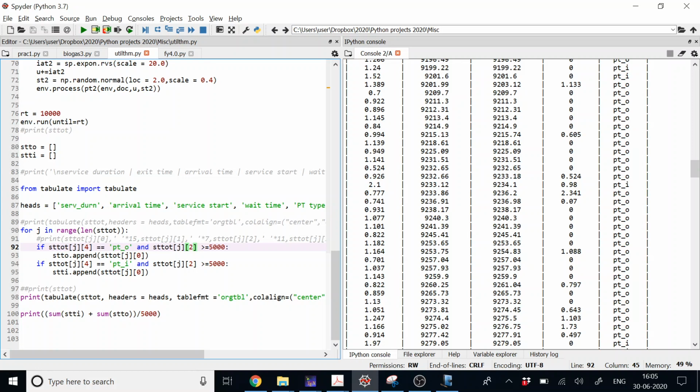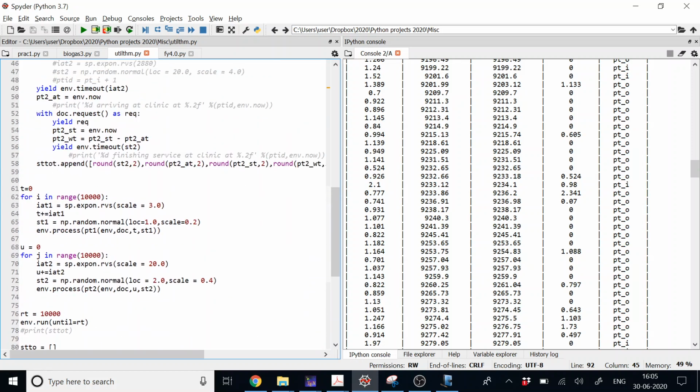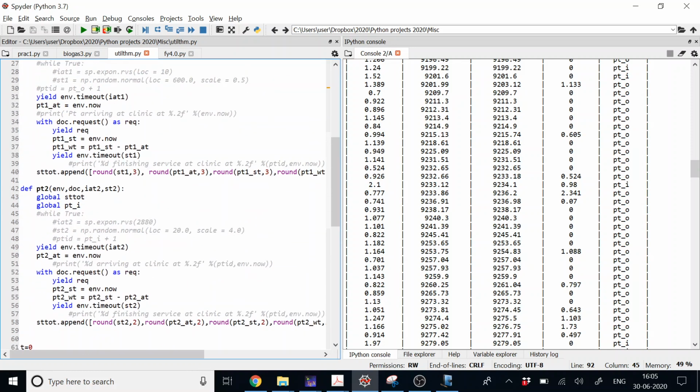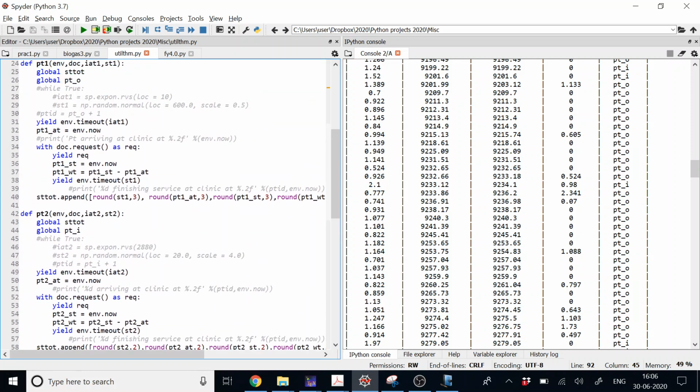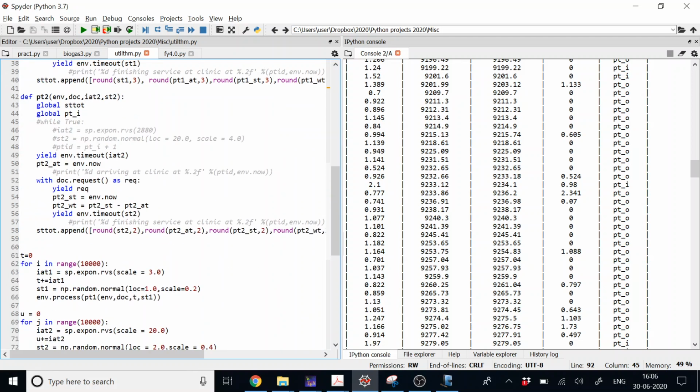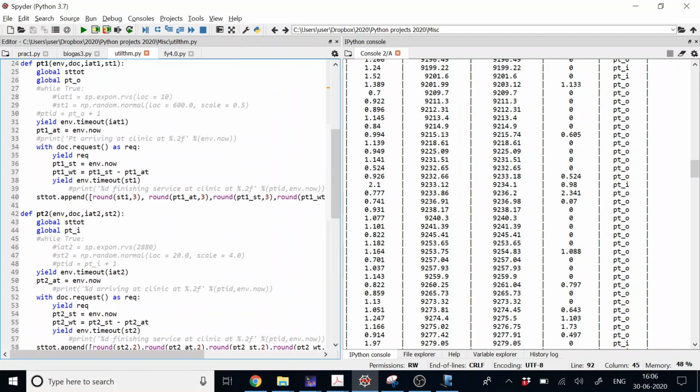PT2 underscore ST and PT1 underscore ST are the service start times. So this is when the service starts.